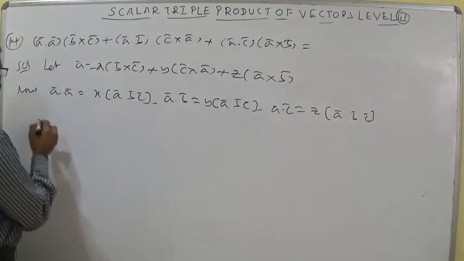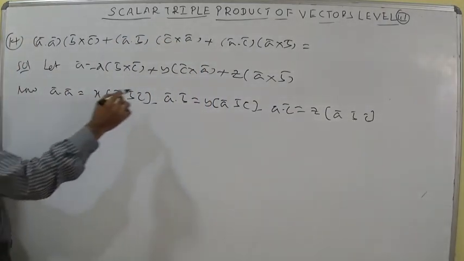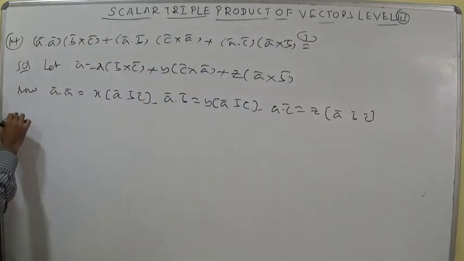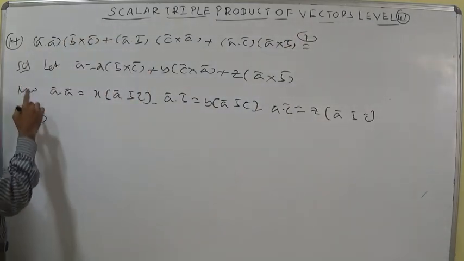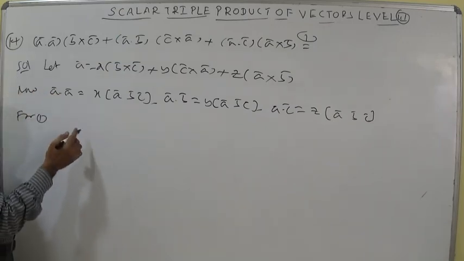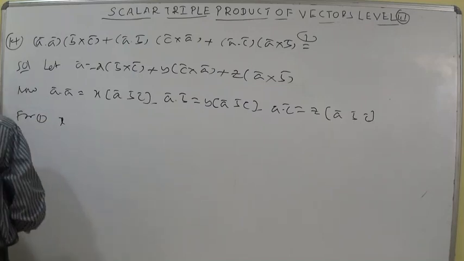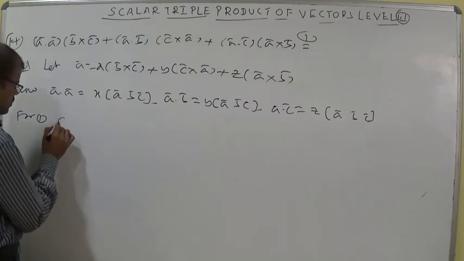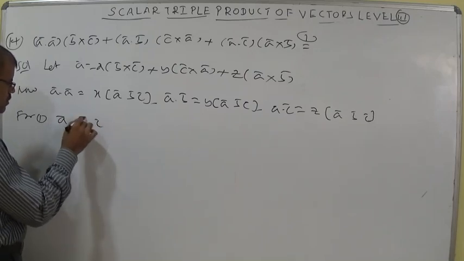Let it be 1. Now we got box ABC into x, box ABC into y, like that. So take box ABC common.